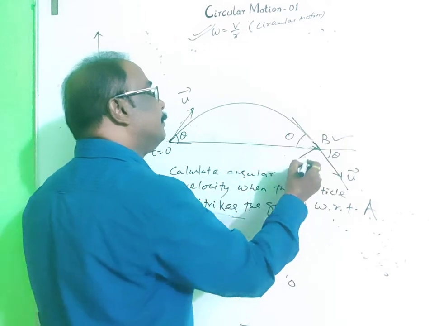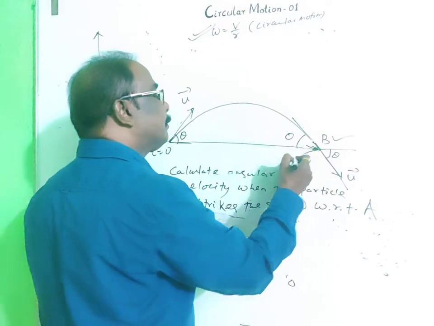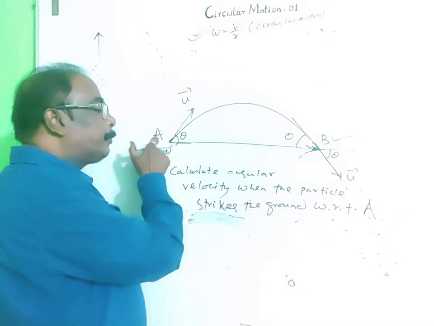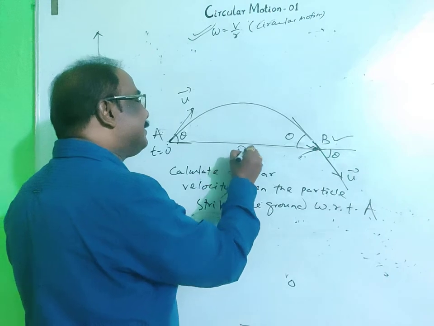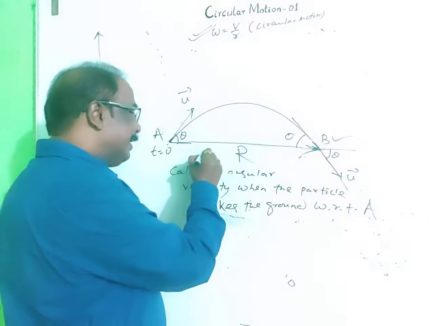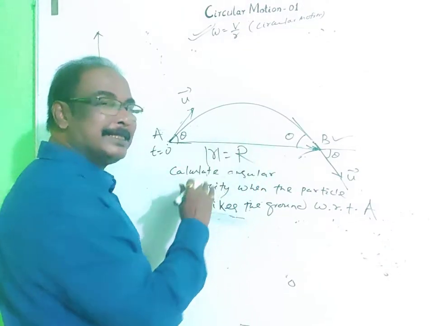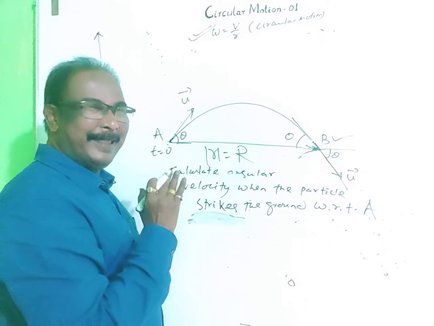This angle is theta. You know this position vector is the range. Here the magnitude of the position vector is range. Is it clear?